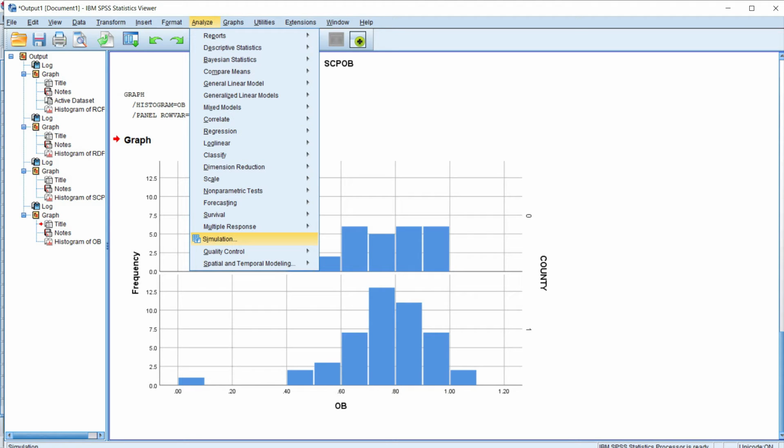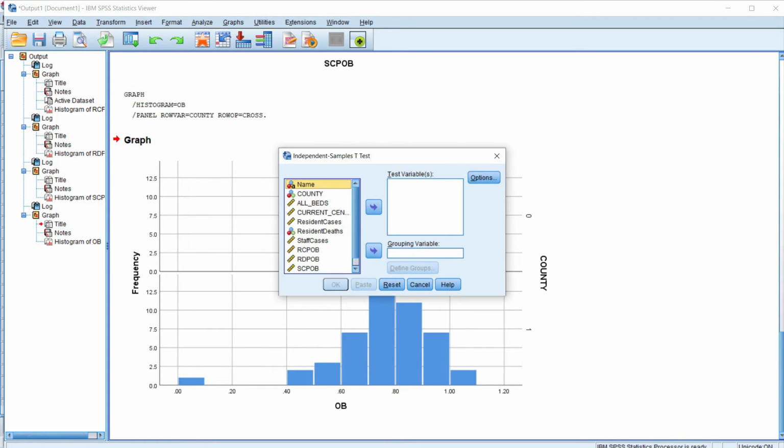Our null hypothesis is that there's no difference between Allegheny County, Pittsburgh, and Philadelphia. The alternative hypothesis is that there's a difference. So here we go to compare means, independent samples t-test, and we can put all of these variables in.